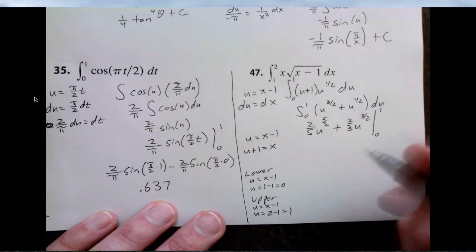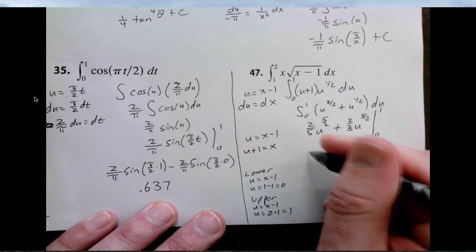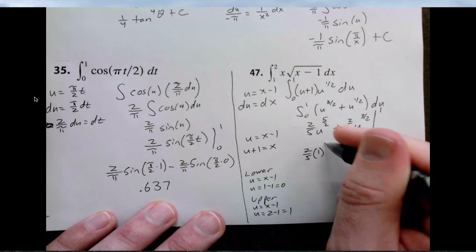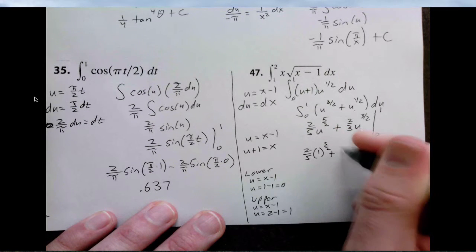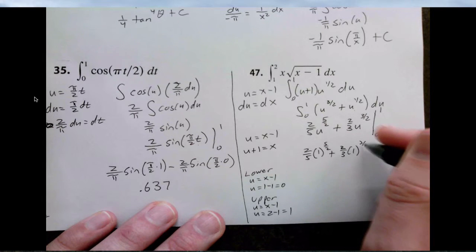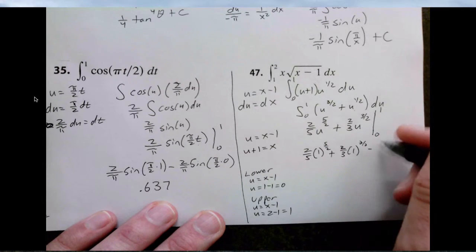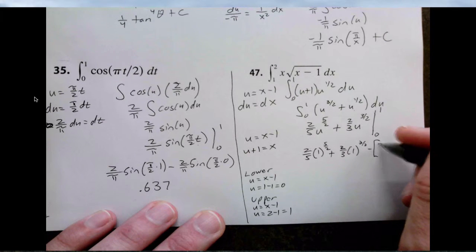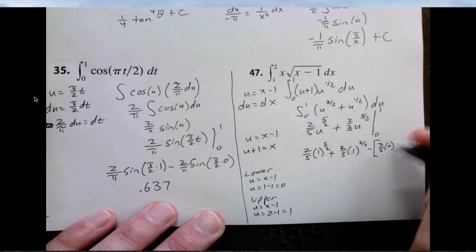All right, so when I do this one, I'm going to end up with 2/5 times 1 to the 5 halves plus 2/3 times 1 to the 3 halves, minus, and now I'm minusing the whole set of things, 2/5 times 0 to the 5 halves plus 2/3 times 0 to the 3 halves.